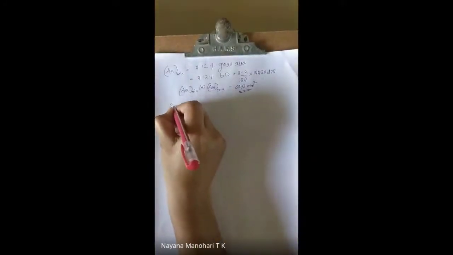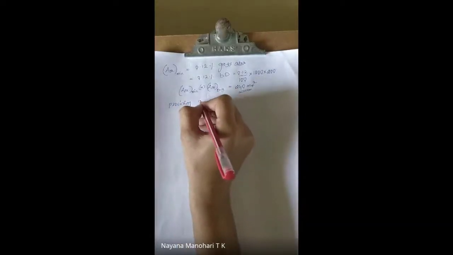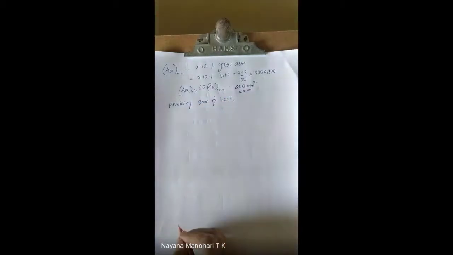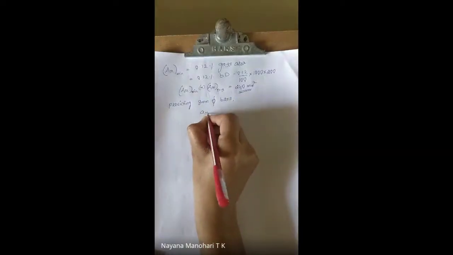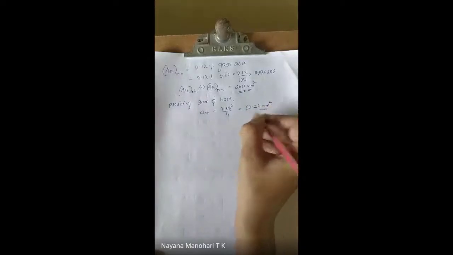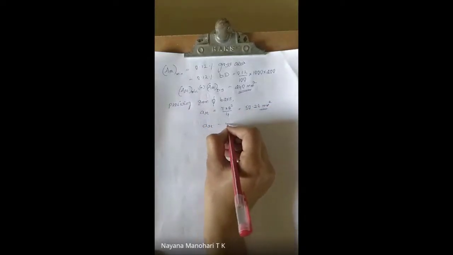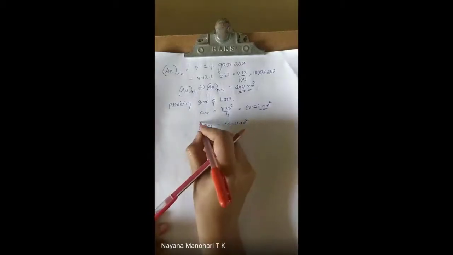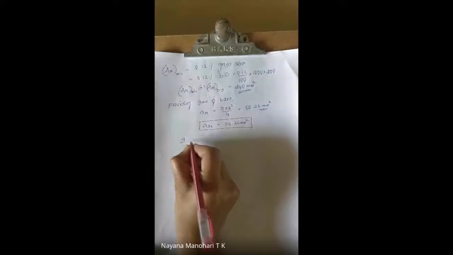Okay, providing 8 mm dia bars, calculate small AST, that is pi into 8 square divided by 4. You will get it as 50.26 mm square. Once you calculate small AST, calculate the spacing.